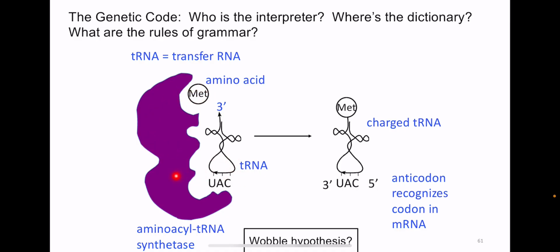So when it comes in, based on its anticodon sequence, the aminoacyl tRNA synthetase adds the amino acid onto the tRNA. Then it goes away to the ribosome carrying the amino acid.